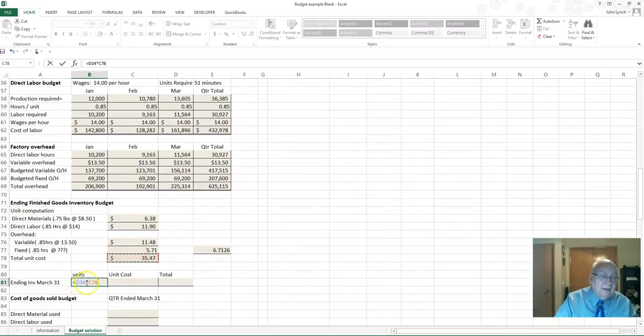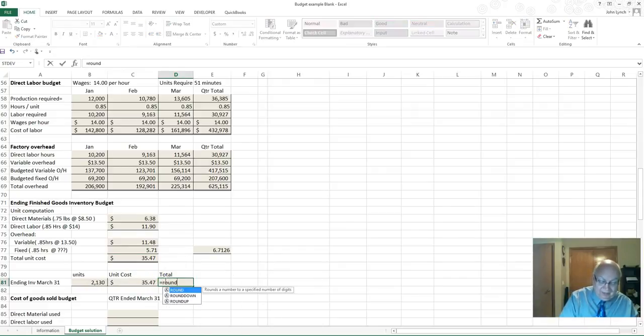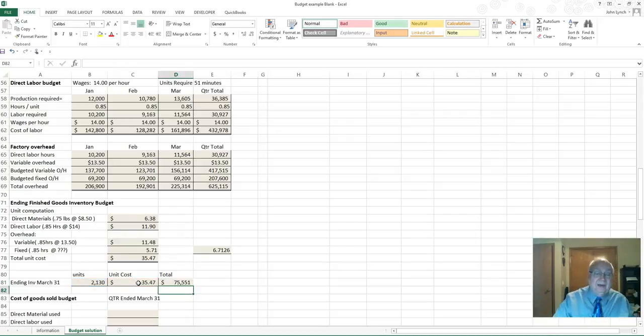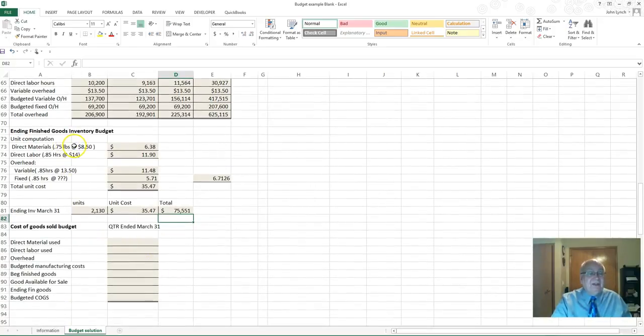So the totals then would equal round 2130 times 35.47, comma 0, is 75,551 then. Okay. That is my ending finished goods inventory budget. So that's what we have there.